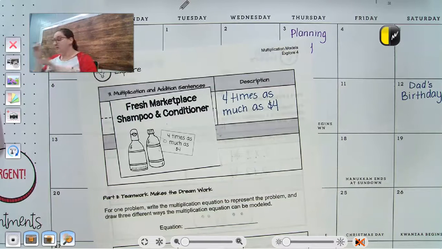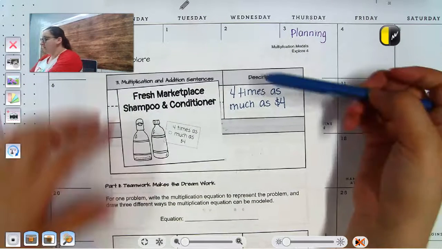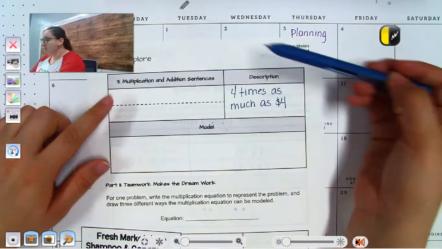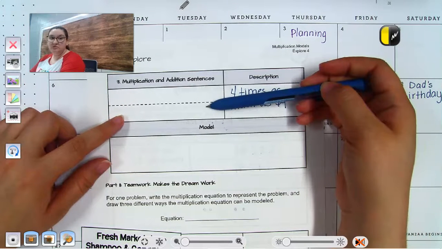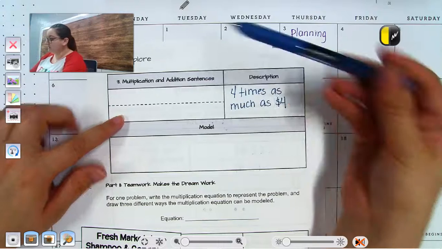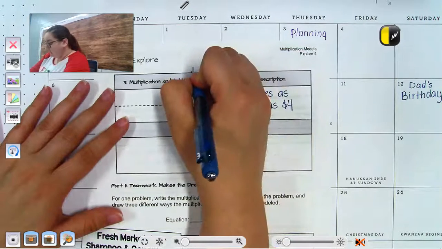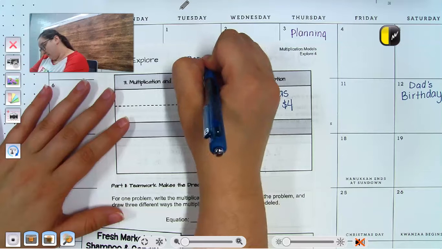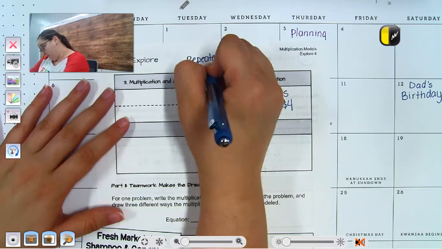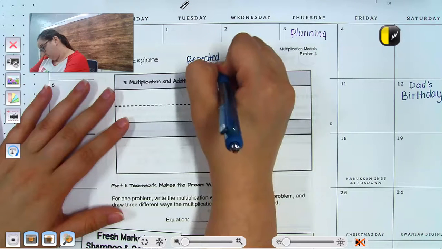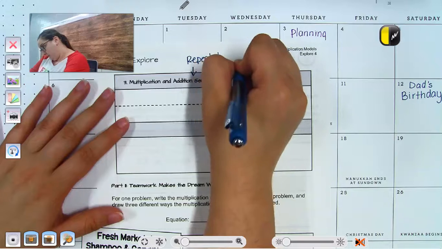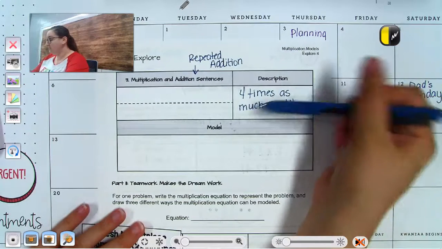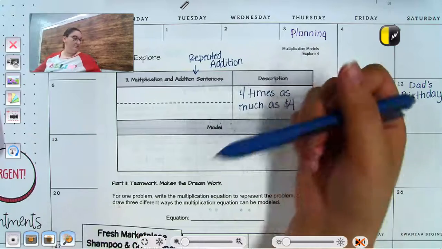You're going to be writing me a multiplication equation of 4 times as much as $4. You're going to be writing the repeated addition sentence, guys. Write me the repeated addition, 4 times as much as 4, and then draw me a model.